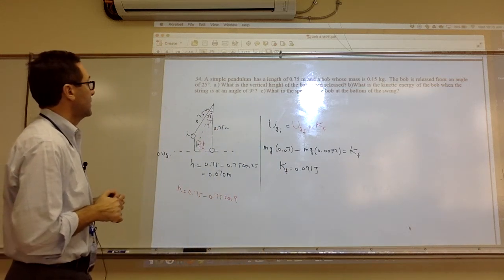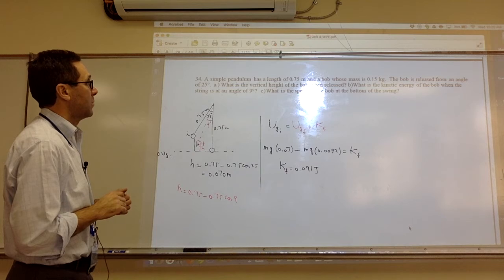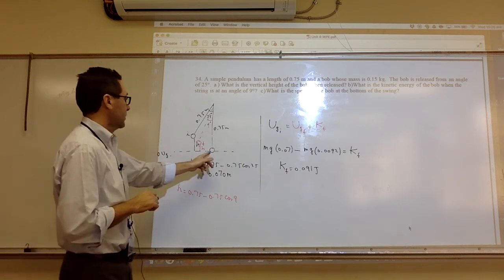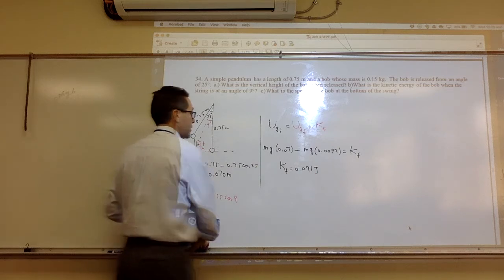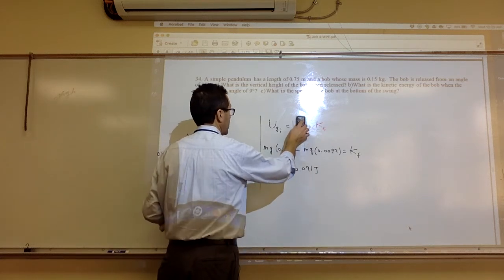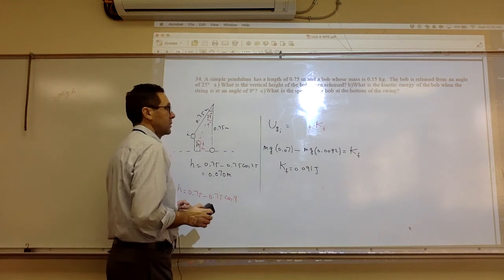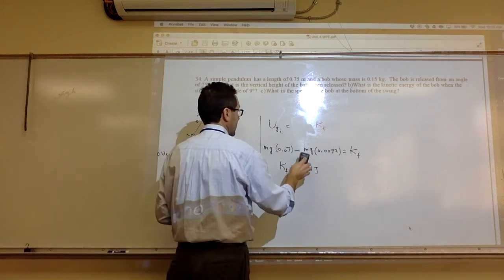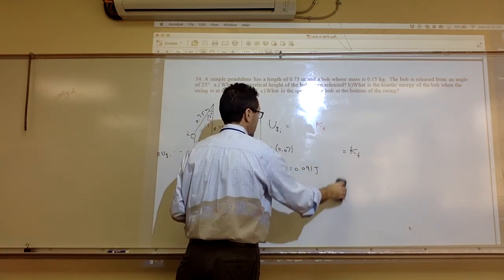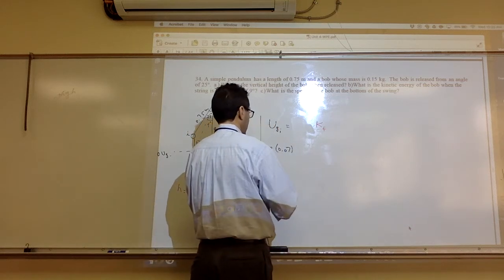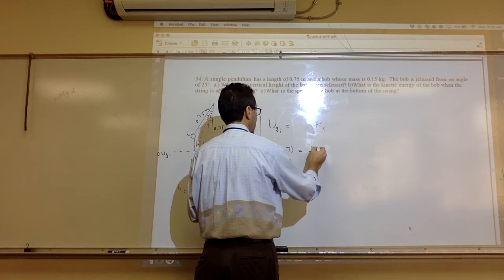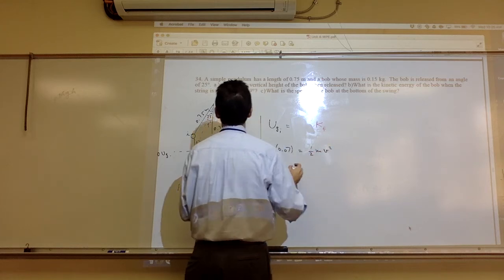What is the speed of the bob at the bottom of the swing, meaning at the very bottom here? So at the very bottom, this equation changes to become like that. Basically, this term is no longer there. And this K final becomes 1/2 mv squared.